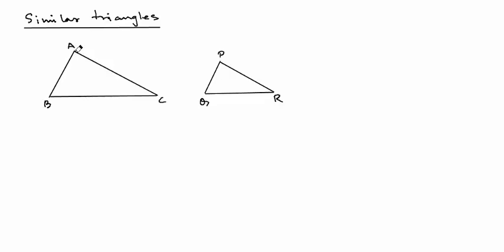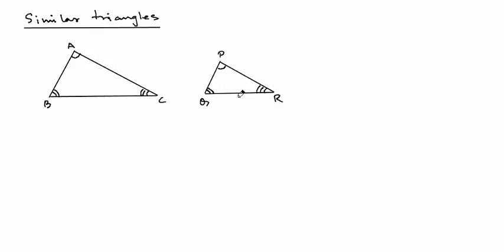Let's also say that even though the lengths of the sides on triangle ABC are larger than the lengths of the sides on triangle PQR, the angles on triangle ABC are exactly the same measure as the three angles on triangle PQR. So we have this angle the same measure as this one, the same measure as this one, and this one the same measure as this one.